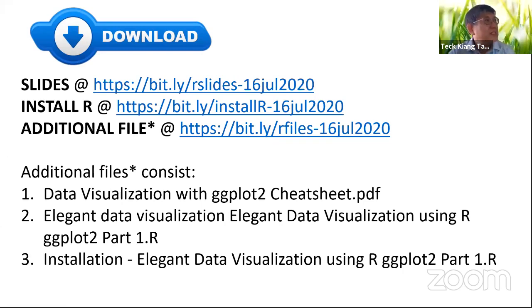So basically, the slides will be on the first web page. The installation, because I can see most of you have installed, so just in case you did not, you can go to the website and see what the installation process is like. And additional files are 3 of them. The first one, the data visualization with ggplot cheat sheet, is a reference file.